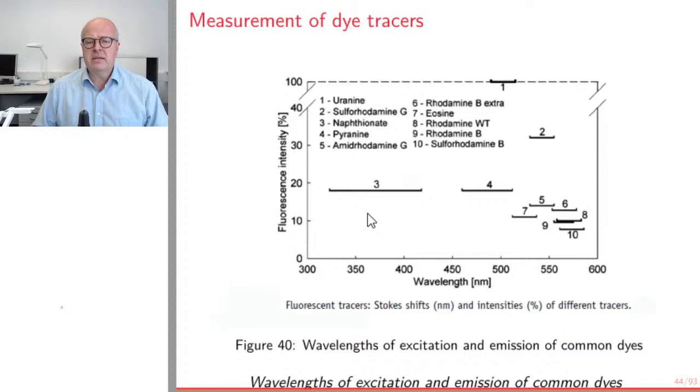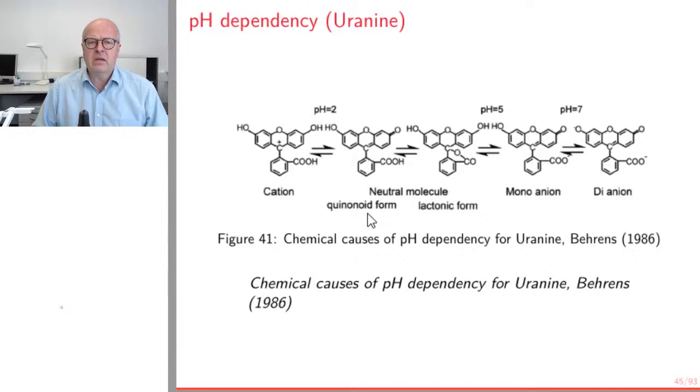Okay, this is again a summary from the textbook on the different wavelengths, quite similar to the other one, but for some additional tracers. So you can just use this as a reference if you are asked to choose different tracers. Now, the next chapter in terms of properties is the pH dependency.